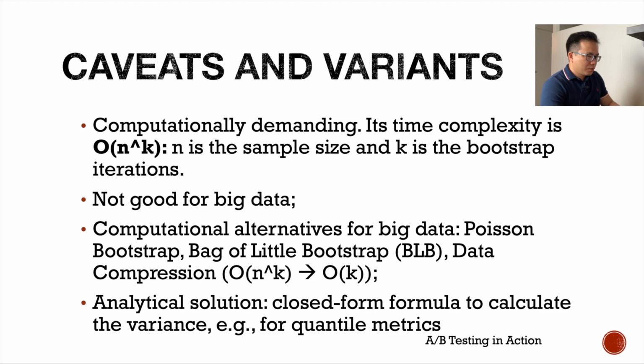All right. Of course, for this type of big data problem, we can always do it analytically. There's a closed form formula to calculate the variance. For example, for the 50% quantile or for the 90% quantile, we can use a formula to calculate the variance for different quantiles. So we don't have to run the Bootstrap.